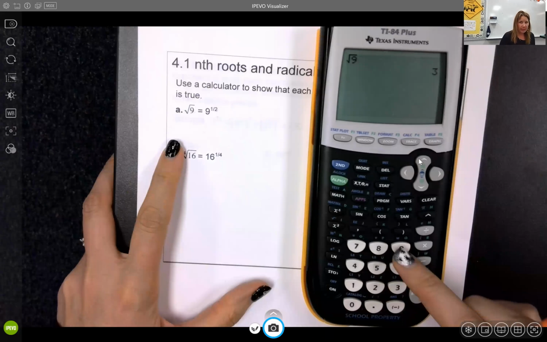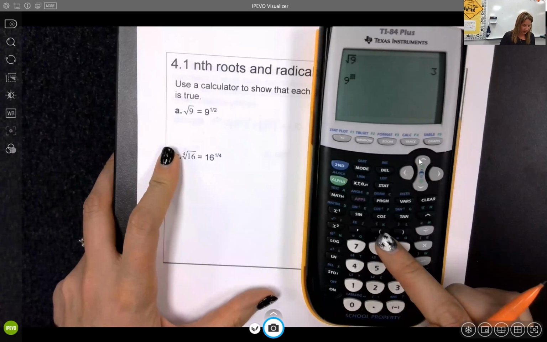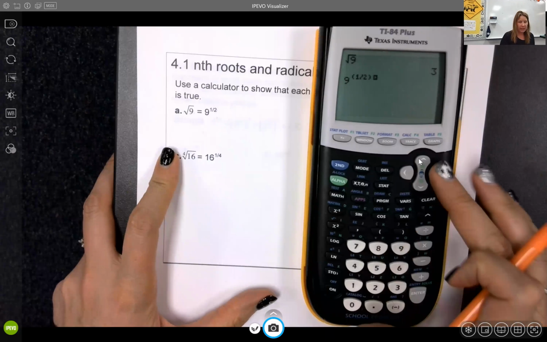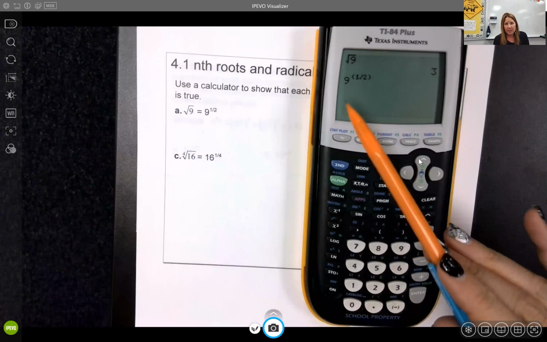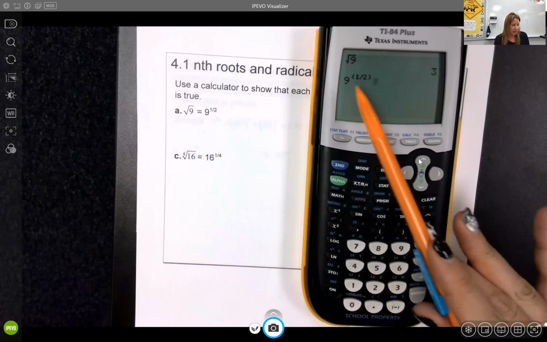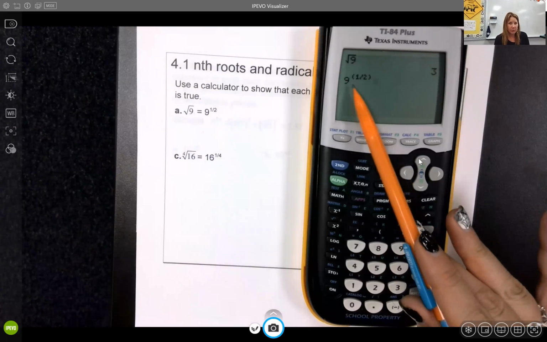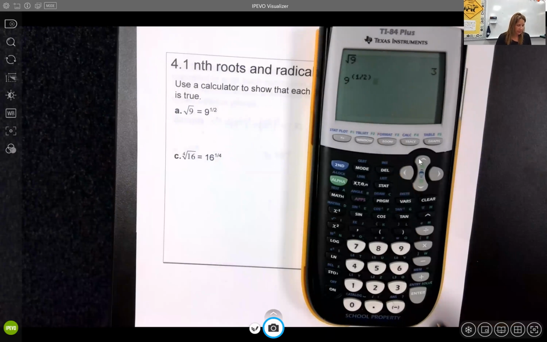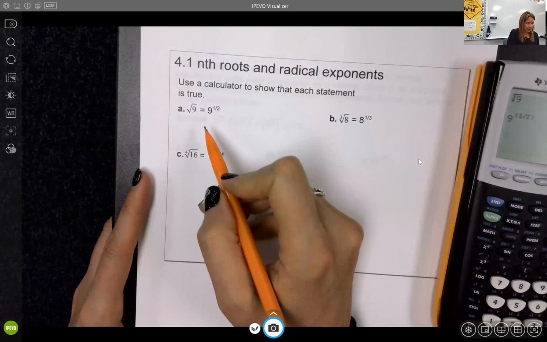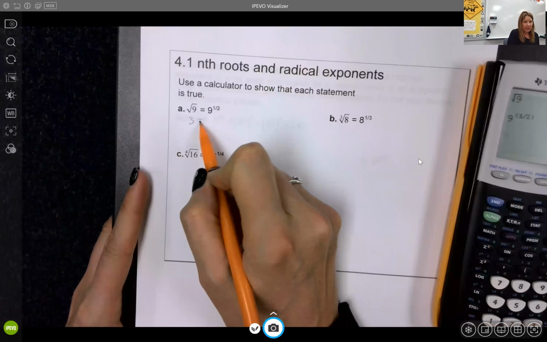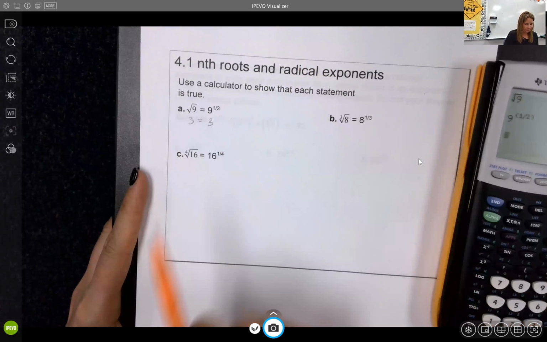And if I put 9 to the 1/2 power, on my calculator it stays as a power, so I don't need the parentheses. But if it shows the actual caret, you would need parentheses here. So make sure that you get a 3 there. If I enter this, I get 3, and if I enter this, I get 3. So these are the same thing.